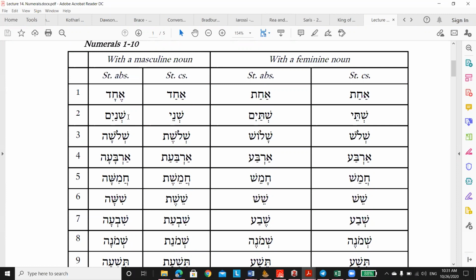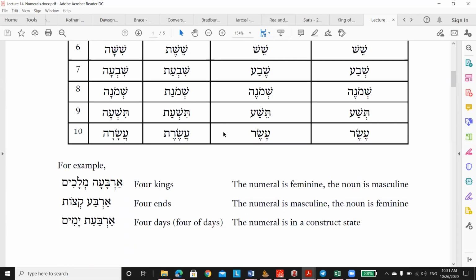So these 2 numbers, 1 and 2, should agree in gender, but everything else should have an opposite gender. So is it clear? Yes. Okay. This is the most problematic confusion that we have with the numbers. Everything else is pretty clear and not very difficult.